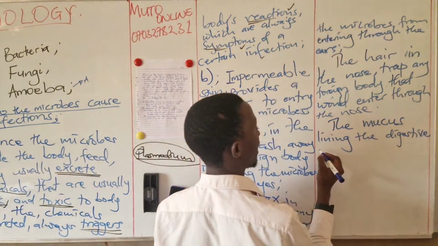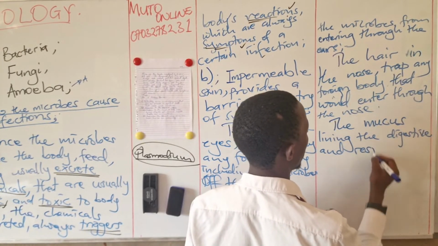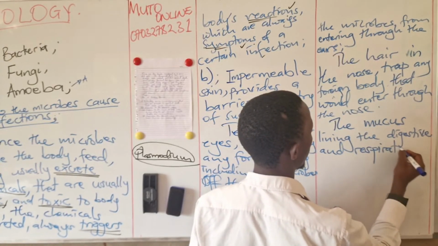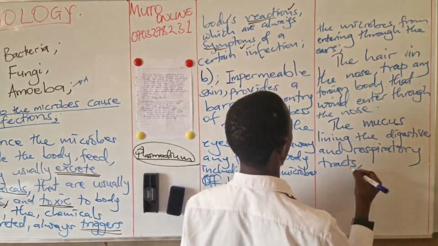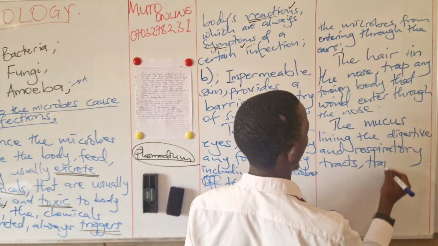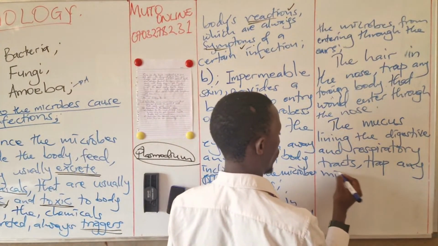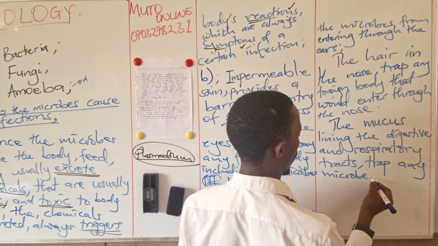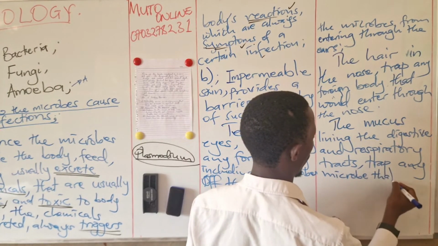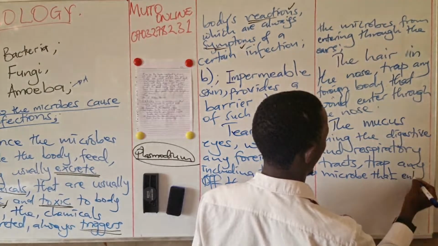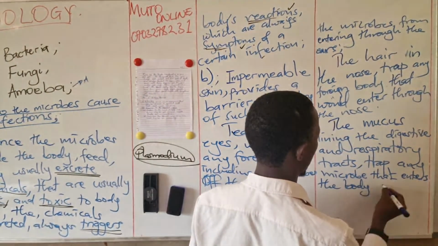The mucus lining the digestive and respiratory tracts traps whatever enters the body.